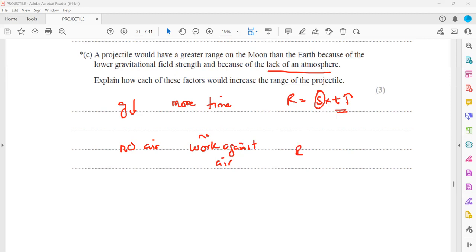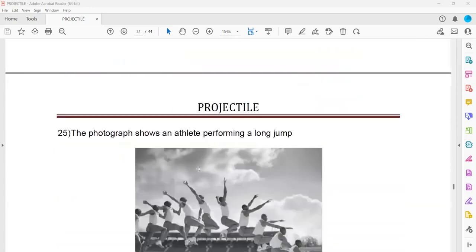As there is no work against the air, the speed at which it is moving does not change, it remains constant. Otherwise, if the speed decreases, the range will also decrease. But the speed remains constant, and there's no deceleration, so the range will be higher. So this was question 20.